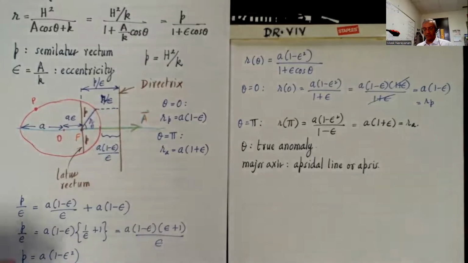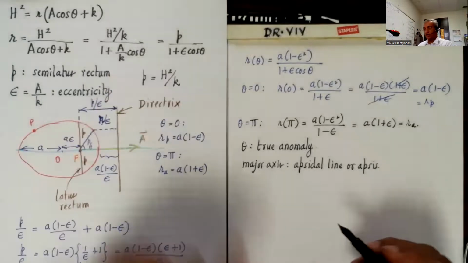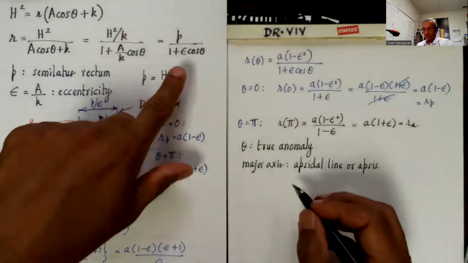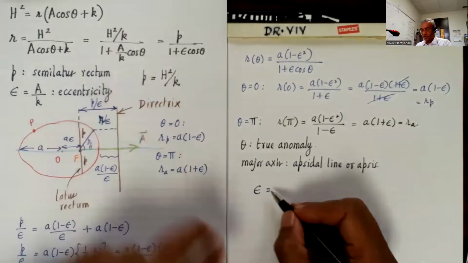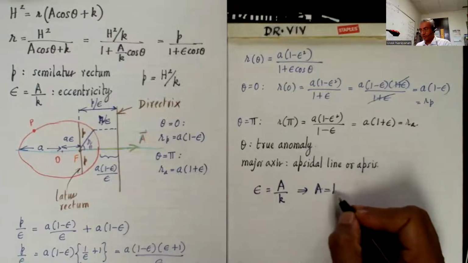Now, furthermore, look at this meaning of eccentricity. The meaning of eccentricity is that the Runge-Lenz vector is proportional to the eccentricity. So let me write down what epsilon is. Epsilon is A over K, which means that A is K epsilon.